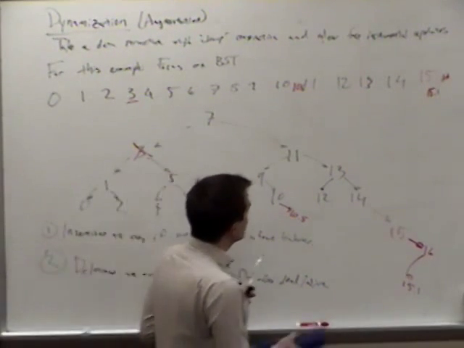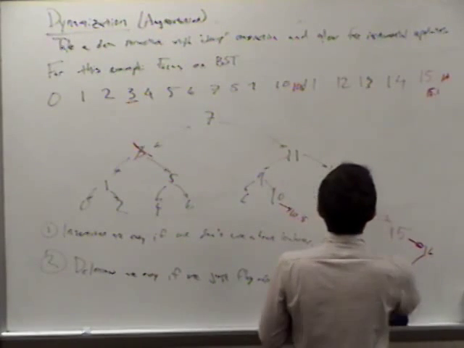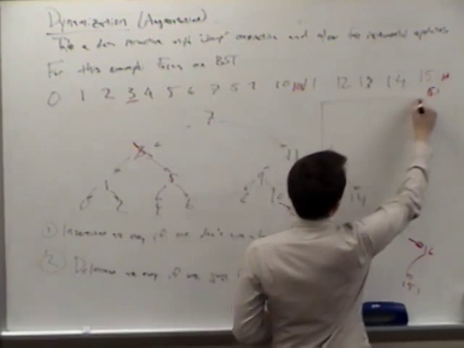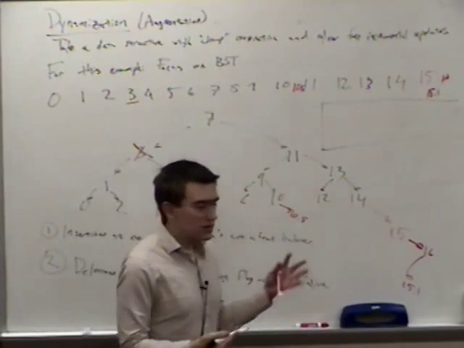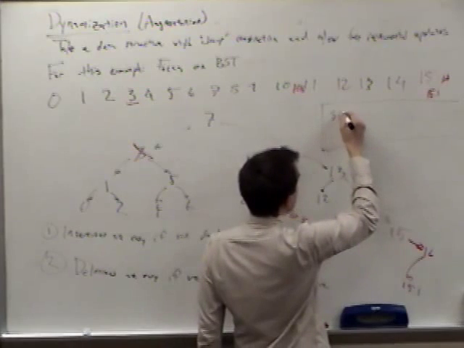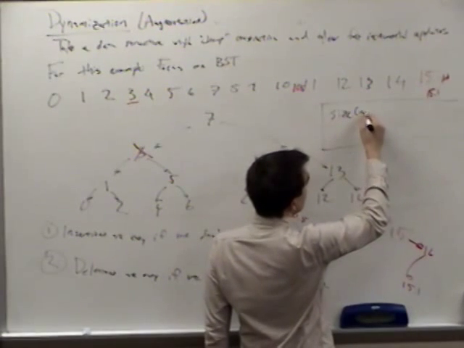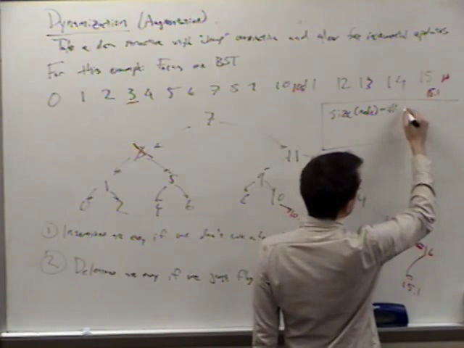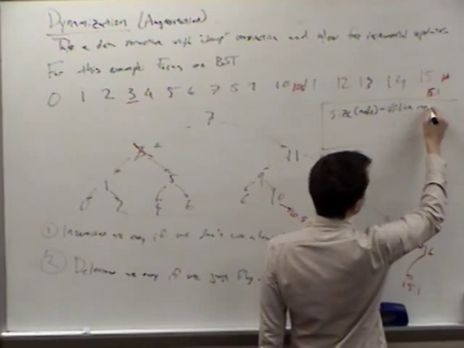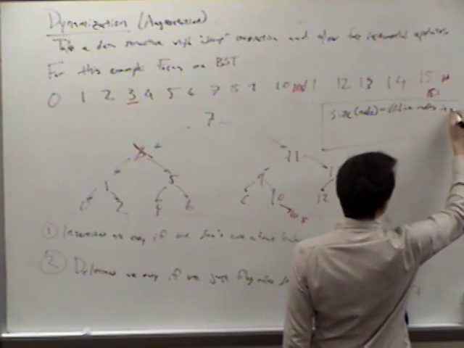I'm going to write it right here. So here are two parameters. It should be easy to think about how you would define this. First is we're going to define the size of a node in a tree. This is just the total number of live nodes in the subtree.